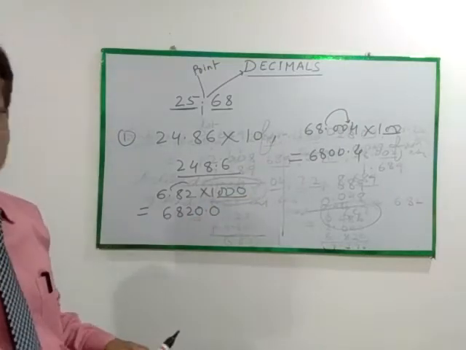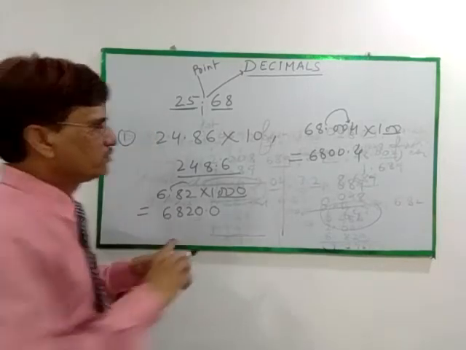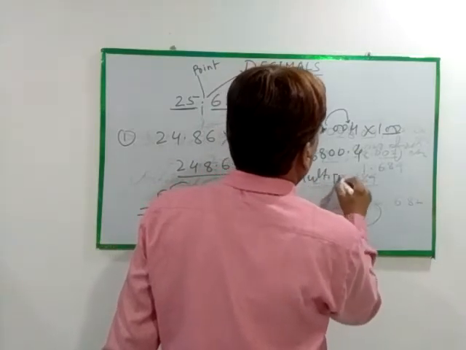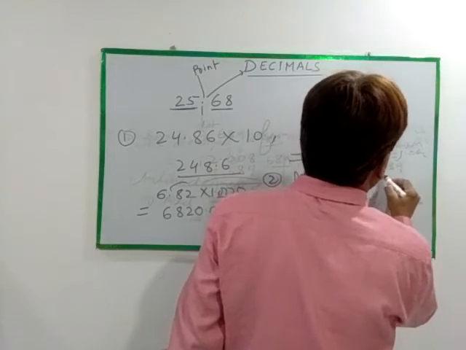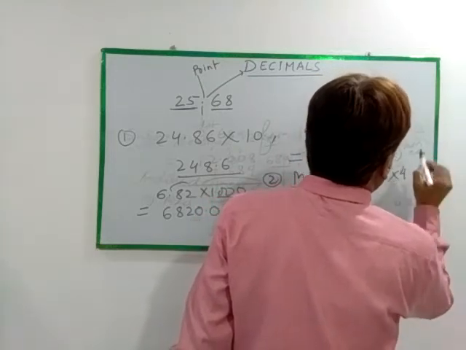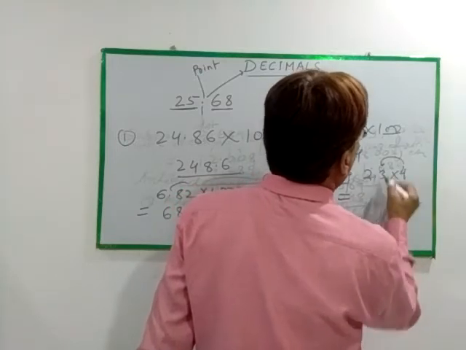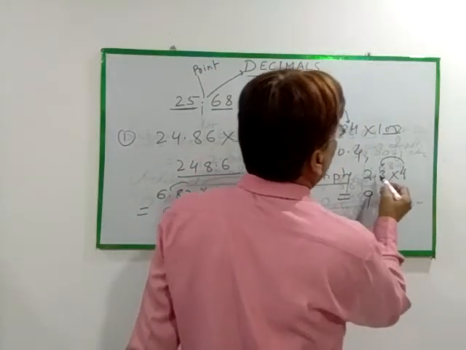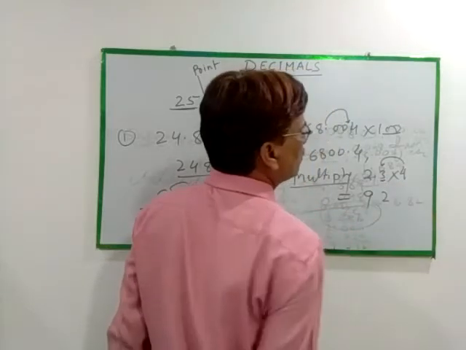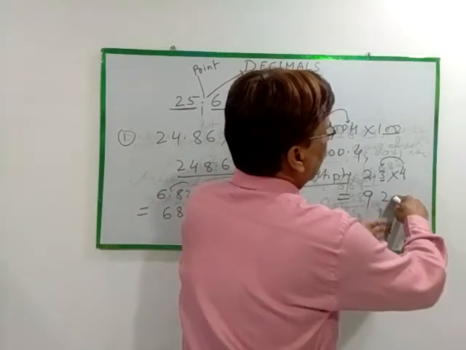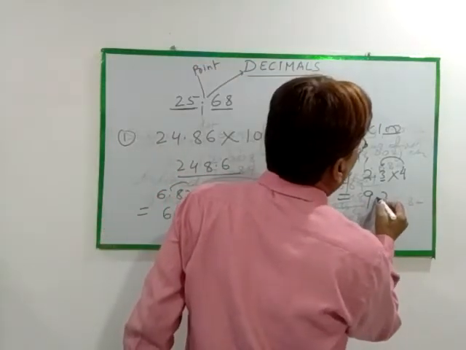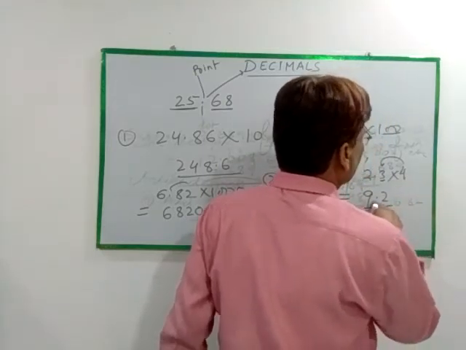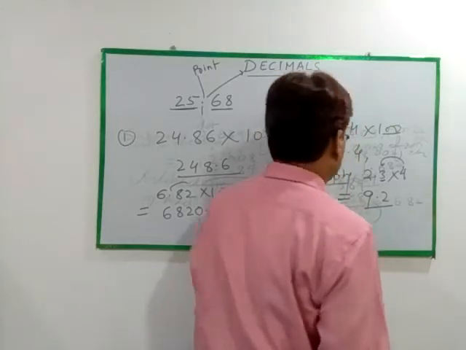Okay, now multiply 2.3 into 4. 4 threes are 12, carry 1, 4 twos are 8 and 1 is 9. After multiplying, since there is one digit after the decimal, you have to put the decimal one digit from right to left.